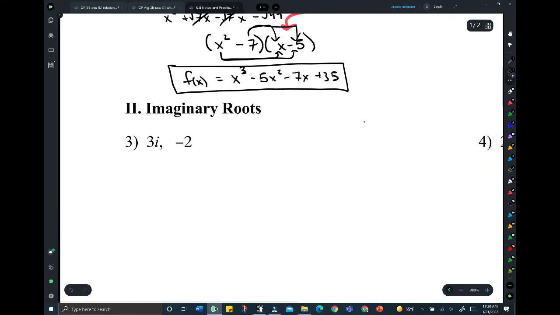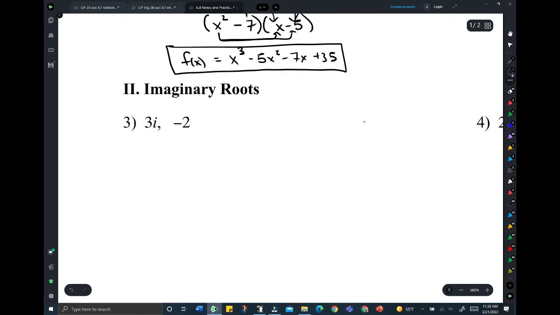The last 2 examples just deal with imaginary roots, and it's really the same idea. So this time, if you're given an imaginary root, like 3i, I automatically know I have negative 3i that comes along.